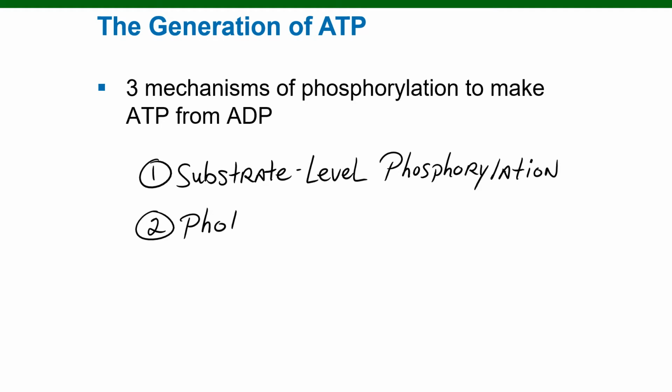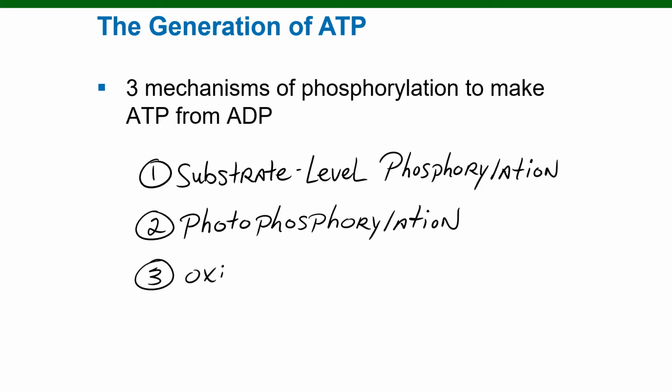Specifically, these would be in photosynthetic organisms that can use the sun's energy to move phosphate in the cell onto ADP so that it can become ATP during photophosphorylation. And a third mechanism for phosphorylation to make ADP or ATP is oxidative phosphorylation.